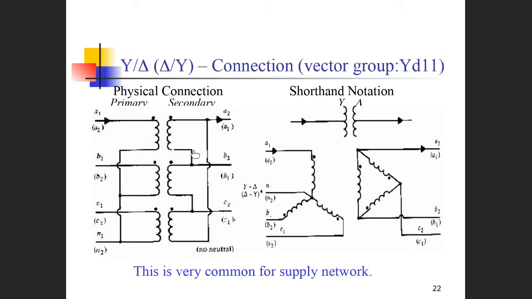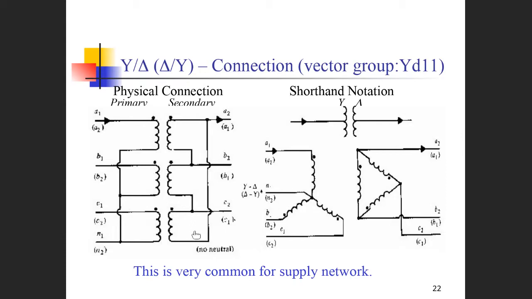For this 1, 1 vector group star delta, the primary is connected in star. That means, as we show here, the primary A1's endpoints, the B1's endpoints, and the C1's endpoints are all connected to the neutral endpoint.